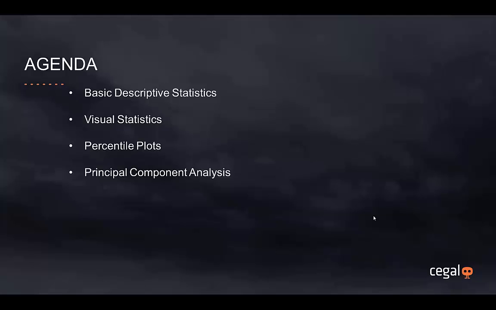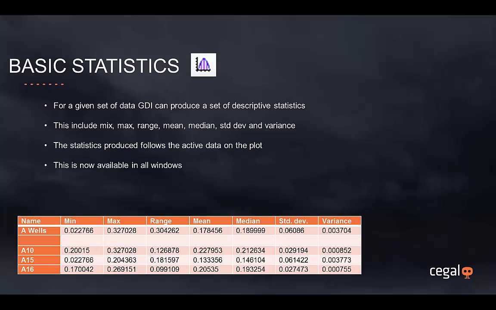Then I want to show a couple of advanced features that come with the latest GDI. These include the percentile plots and also principal component analysis. So firstly, I want to show you that we can create a set of basic descriptive statistics for a given set of data in the GDI.